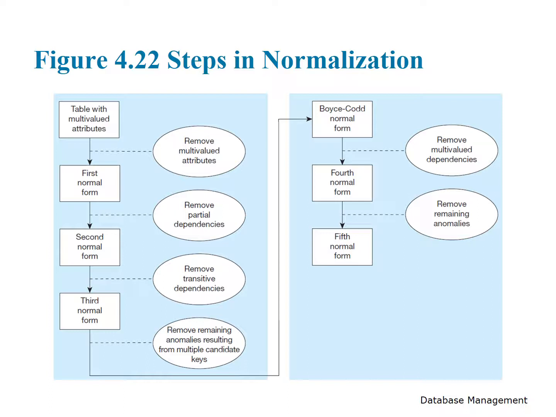A normal form is a state of a relation that requires that certain rules regarding relationships between attributes, or functional dependencies, are satisfied. We describe these rules briefly in this section and illustrate them in detail in the following section.